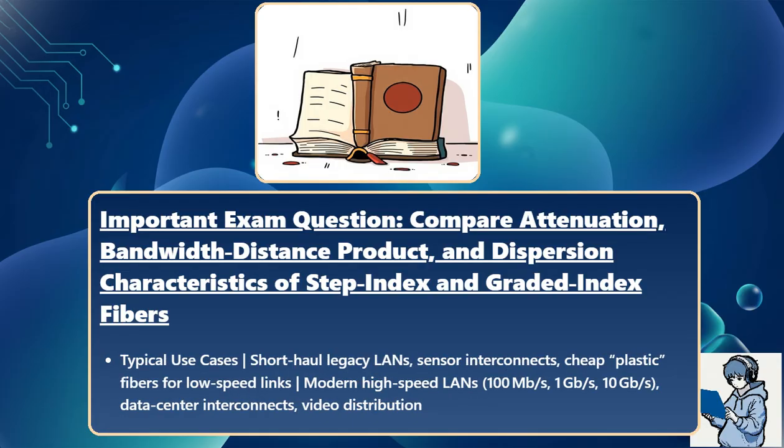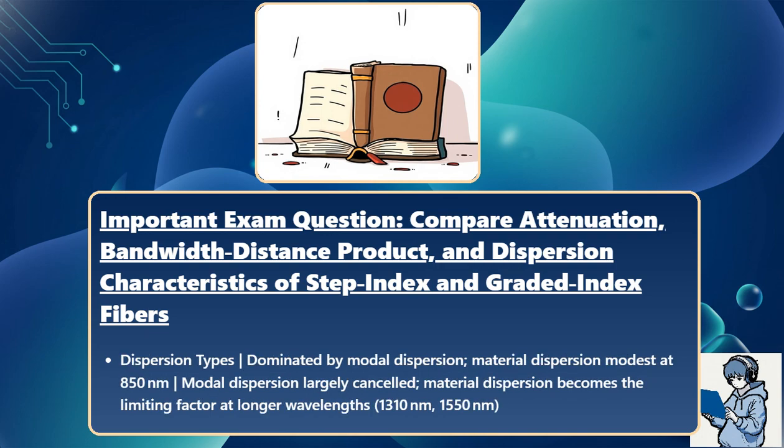Typical use cases: short-haul legacy LANs, sensor interconnects, cheap plastic fibers for low-speed links. Modern high-speed LANs, 100 megabits per second, 1 gigabit per second, 10 gigabits per second, data center interconnects, video distribution. Dispersion types, dominated by modal dispersion. Material dispersion modest at 850 nanometers.